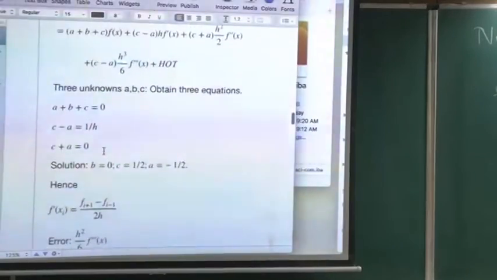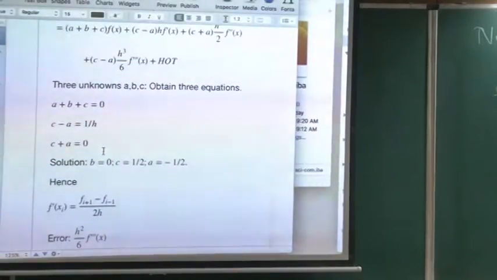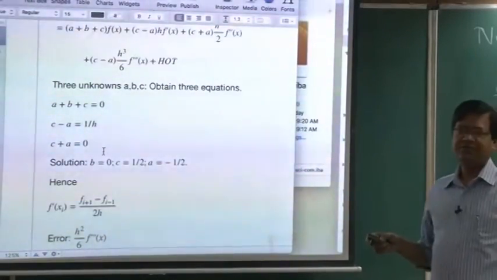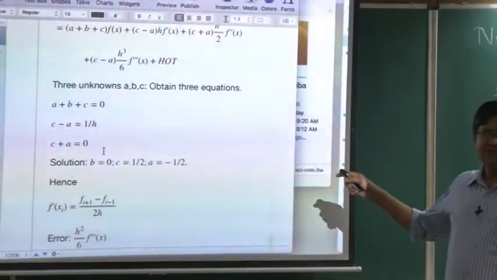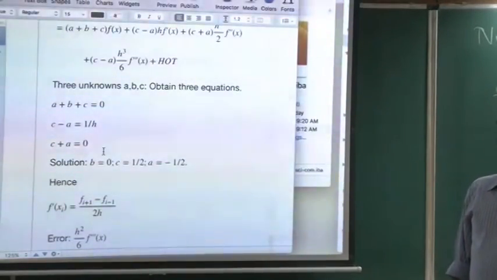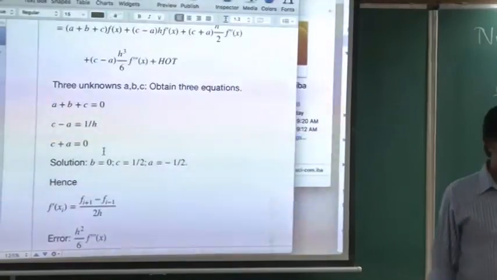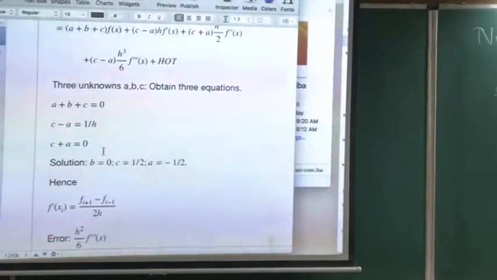So, the formula is this, and what is the error? The error is the term which I am not including in the formula: c minus a times h cube by 6. Since c minus a is 1 by h, you get h squared by 6 times f triple prime, that means the cubic, third order derivative. Okay, am I too fast? The slides do tend to get too fast.